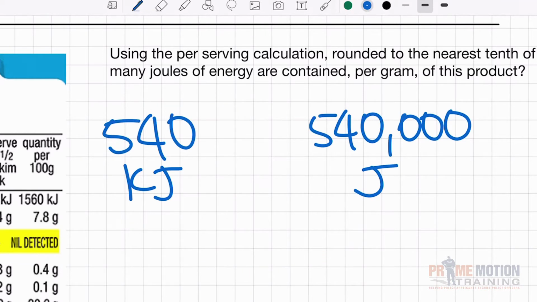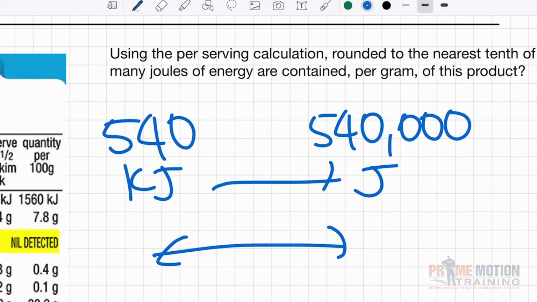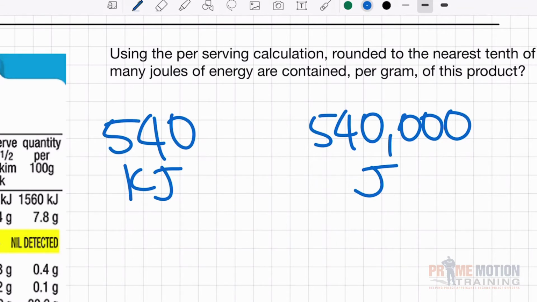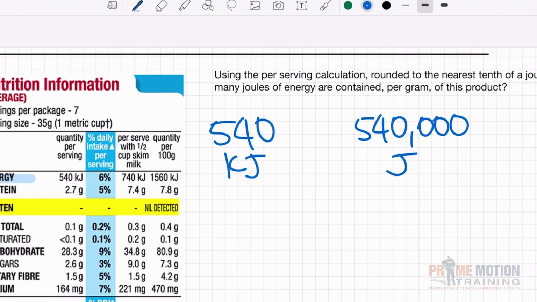So sometimes converting measurements can be a bit of a challenge, but it's a handy skill to remember, going from one measurement to another, whether it's centimeters to meters, millimeters to meters, kilometers to whatever, or joules to kilojoules, vice versa.